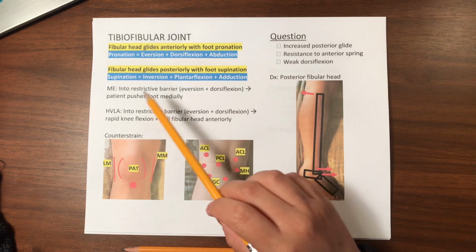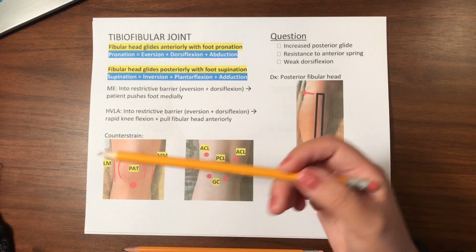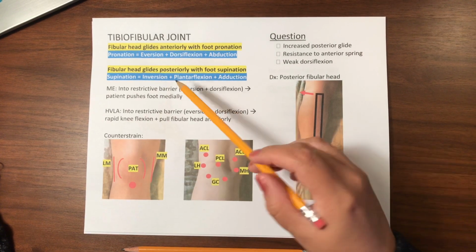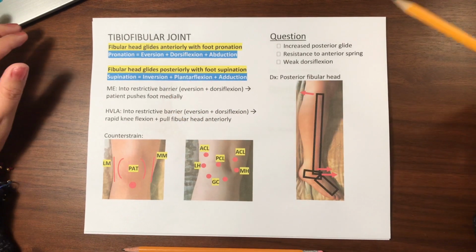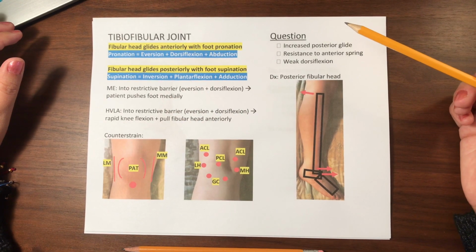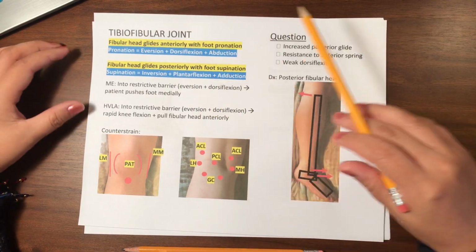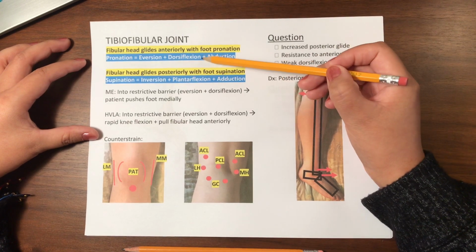So how could we potentially treat this patient with, say, a direct technique? We have muscle energy, we have HVLA. When we're using a direct technique, remember to place them into the restrictive barrier. With a posterior fibular head diagnosis, the foot wants to invert and it wants to plantar flex, right? So our barrier is therefore going to be eversion and dorsiflexion.